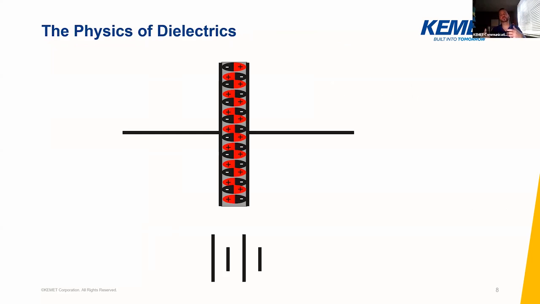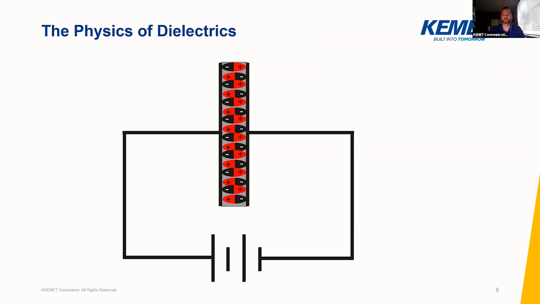So let's take a closer look at the physics of dielectrics. What happens internally to that dielectric material when voltage is applied? You apply the voltage, that builds up the charges on the electrode plates, and this is where the distinction of a dielectric and an insulator comes into play.